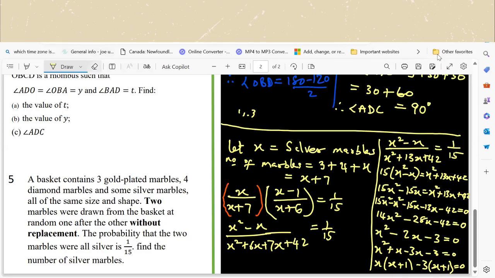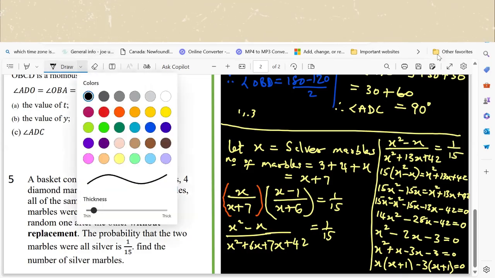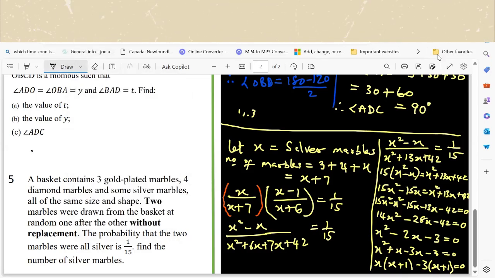Okay, so we are going to continue up here. So from here, we are going to have x plus 1, x minus 3 equals 0. So x plus 1 equals 0, or x minus 3 equals 0.